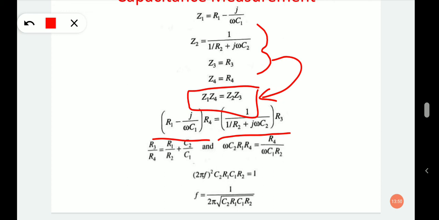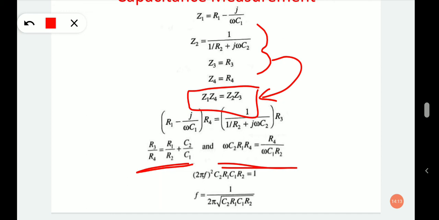After equating the real and imaginary terms, we get R3 upon R4 equals R1 upon R2 plus C2 upon C1, and omega C2 R1 R4 equals R4 upon omega C1 R2.